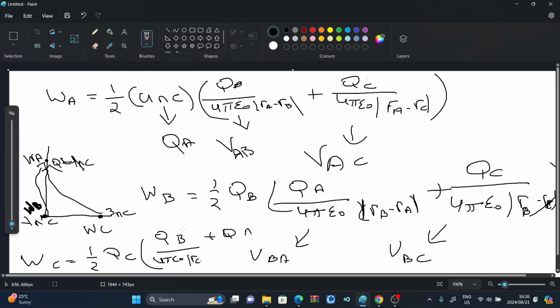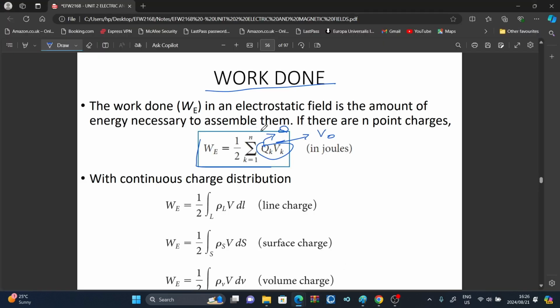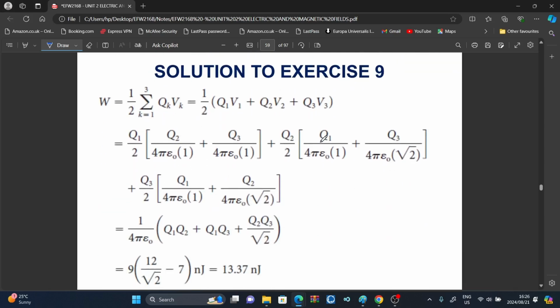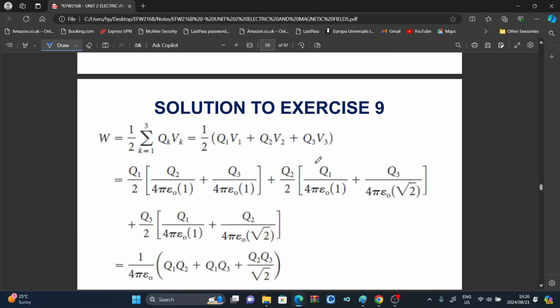So that will be RC minus RB, then for A it will be 4 times pi epsilon naught times RC minus RA. So they are the same more or less. And then you just substitute in the values.